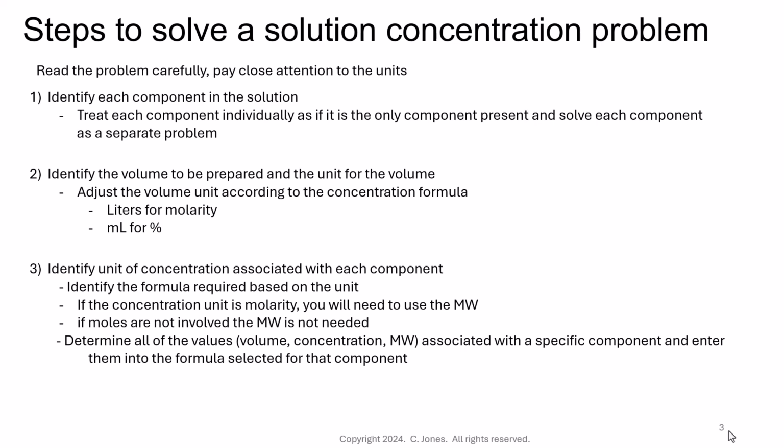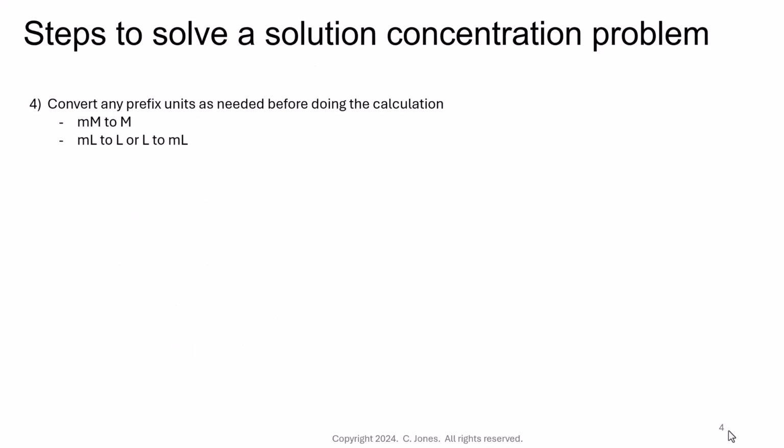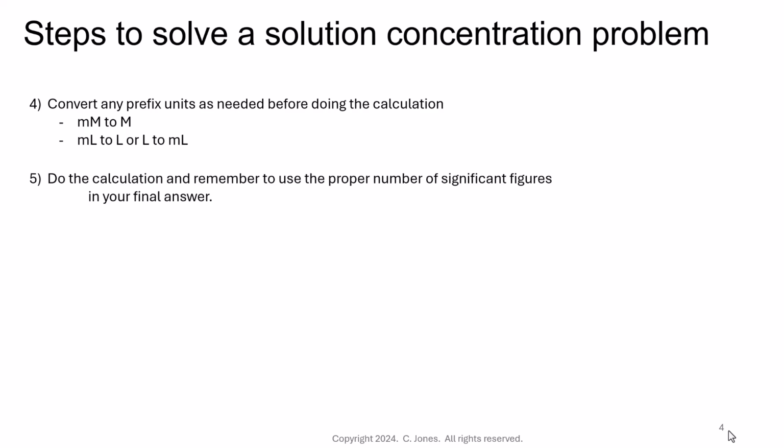Then determine all the values associated with a specific component: the volume, the concentration, the molecular weight. Then just plug them into the formula for that component. Convert any prefix units as needed before you do the calculation, and then do the calculation and remember to use the proper number of significant figures in your final answer.